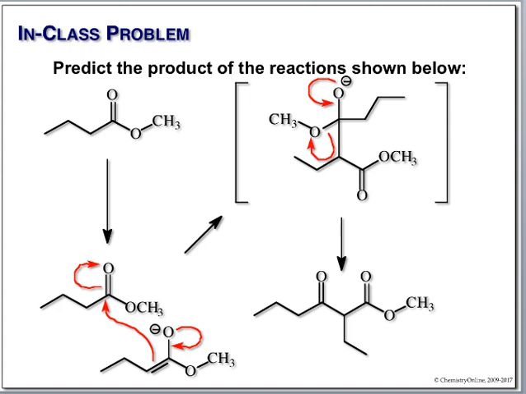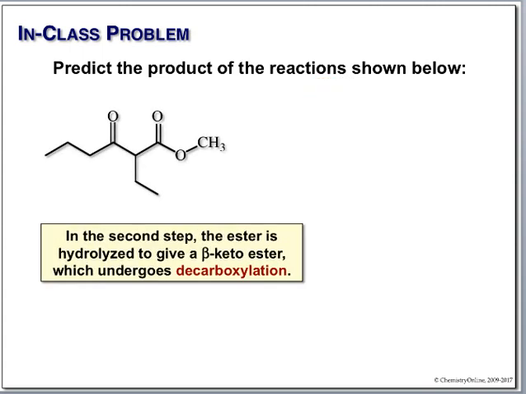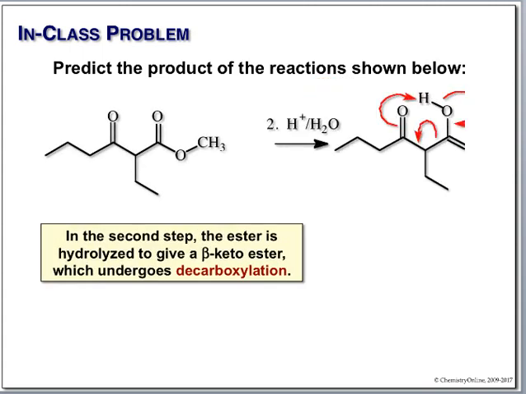Step 2, we're going to take this ester, hydrolyze it, make a beta keto acid out of it. We hydrolyze the ester, this decarboxylates, and by George, a symmetrical ketone.